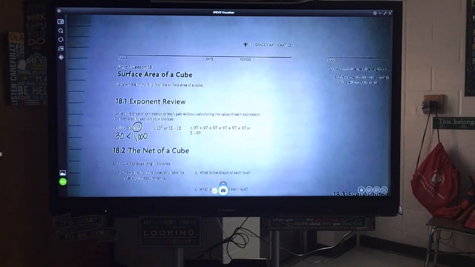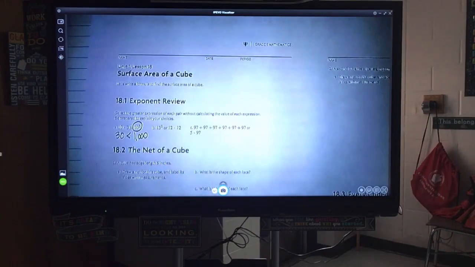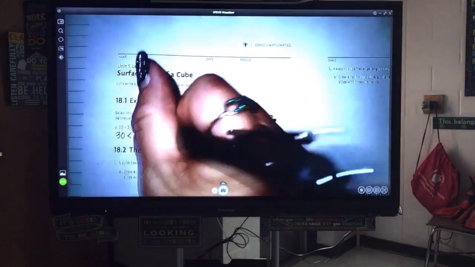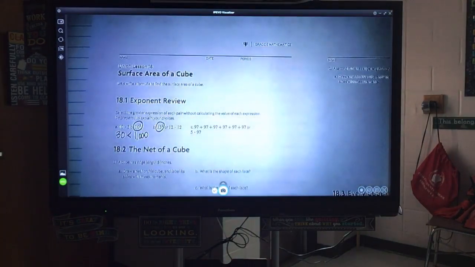It's not a big deal if you get it right or wrong. This is just making sure that we're understanding exponents. Remember, 13 squared is not 13 times 2. 13 squared is 13 times 13. So without even doing work, you know 13 squared is greater than 12 times 12 because you're multiplying a bigger number by itself. So we're not even going to do the math for that one.